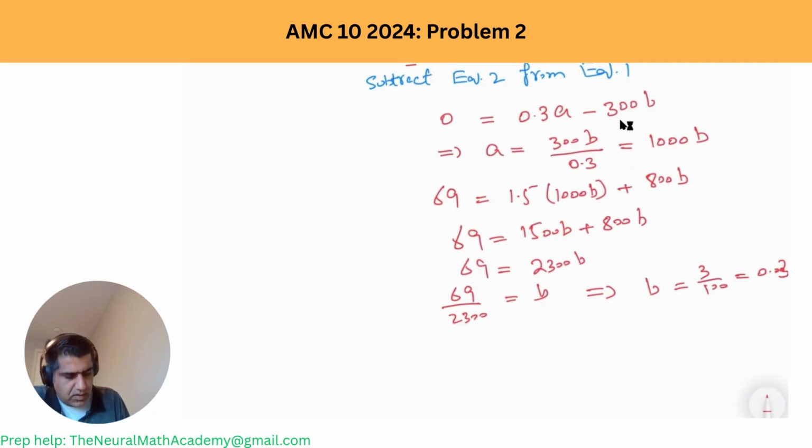Okay, so this is the value of b. So to get a, just simply plug that back, and then a is equal to 3 over 100 multiplied by 1000. So then a is 30.